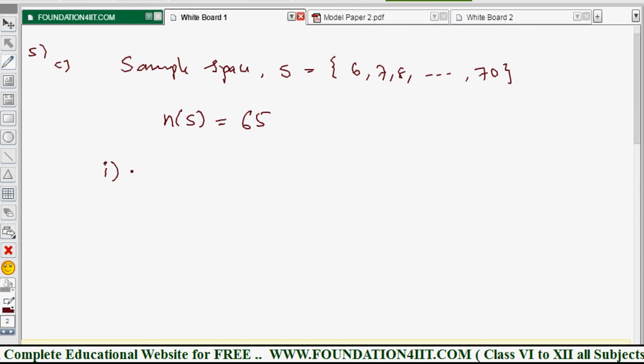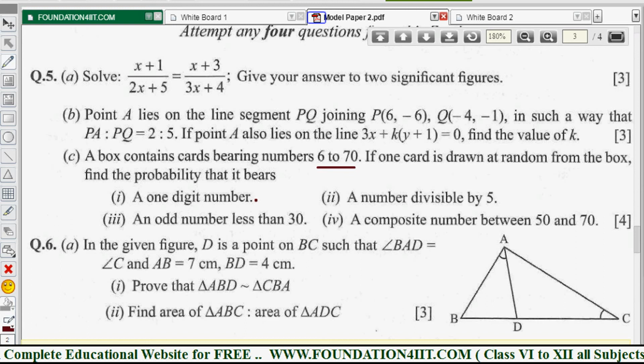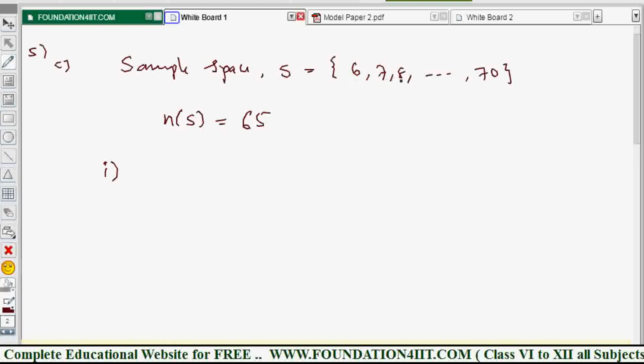Now let us take the first one. Here the first event is a one digit number. If you observe, one digit numbers are only 6, 7, 8, 9.